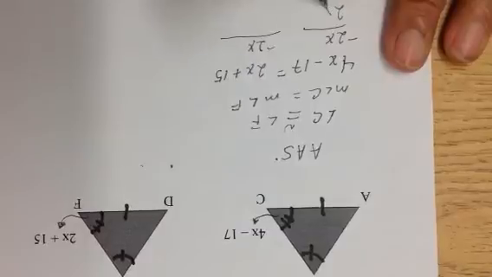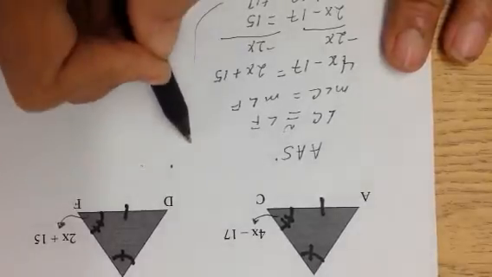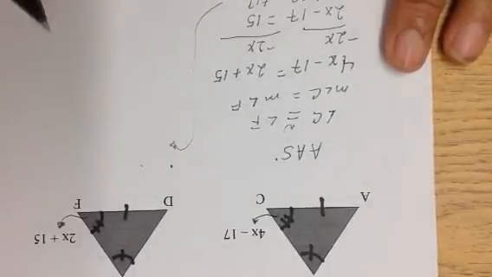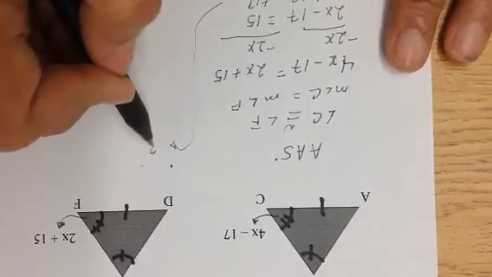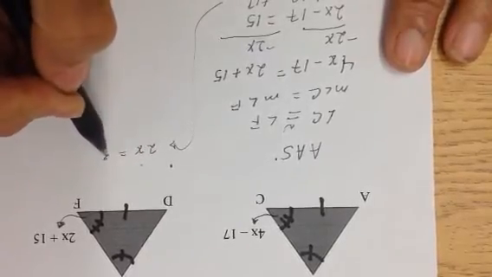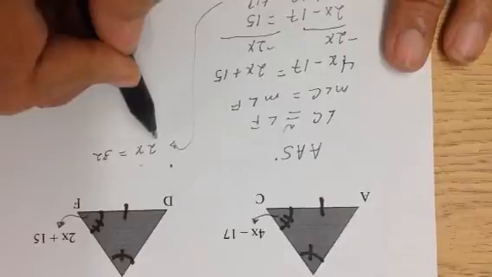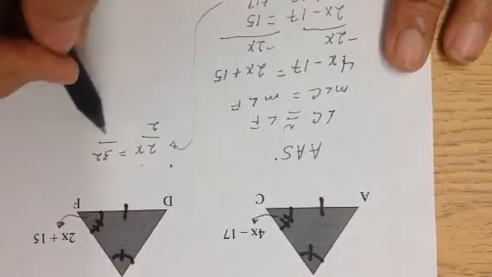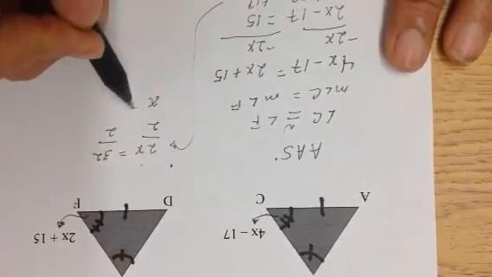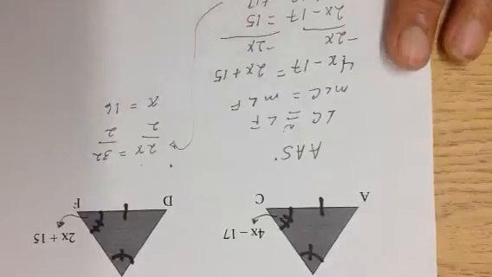And that gives me 2x minus 17 equals 15. Now I'm going to add a positive 17 to both sides. And that's going to give me 2x equals 32. I divide each side by 2. And that gives me x equals 16.